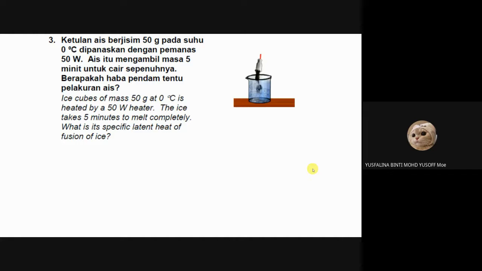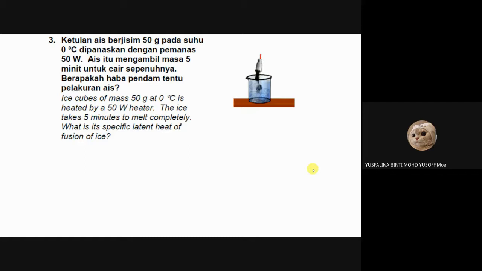So it says here, an ice cube of mass 50 gram at 0 degrees Celsius is heated by a 50-watt heater. The ice takes 5 minutes to melt completely. What is the specific latent heat of fusion of ice?